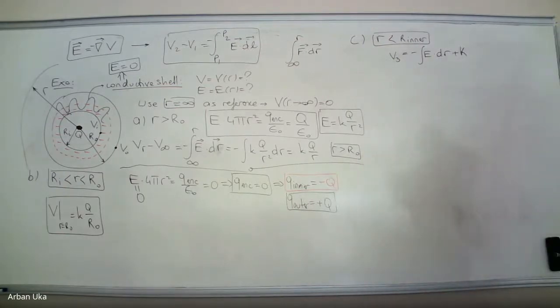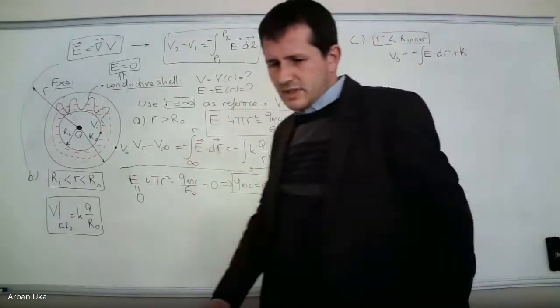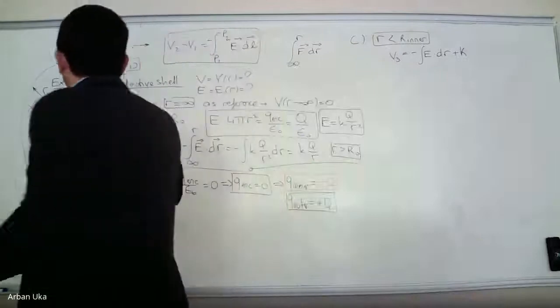Plus a constant K, but this whole expression, wait a second, this electric field is K over R. Actually, before we do this, let's find, sorry.